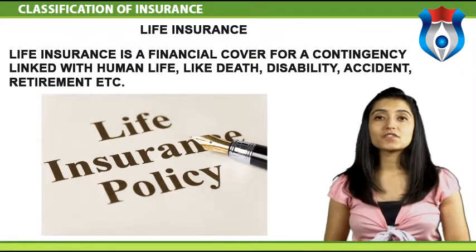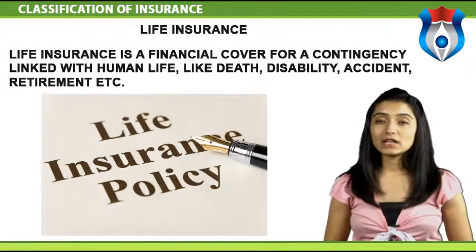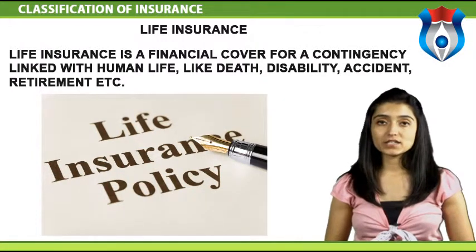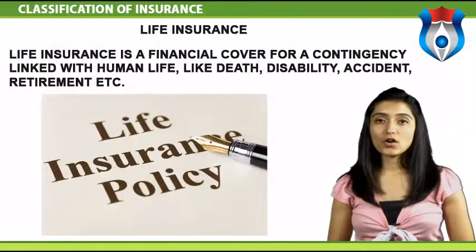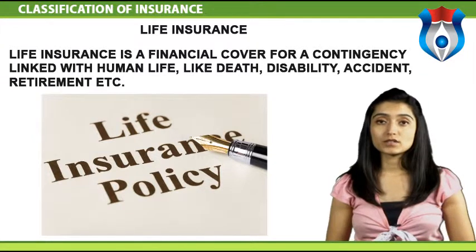Life insurance is a financial cover for a contingency linked with human life like death, disability, accident, retirement, etc. Human life is subject to risks of death and disability due to natural and accidental causes.